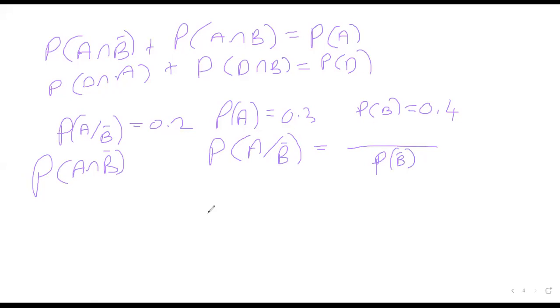B complement. And what goes on top? The two letters as they are. We have A, and we have what? The B complement. Don't alter anything. The same format that follows.